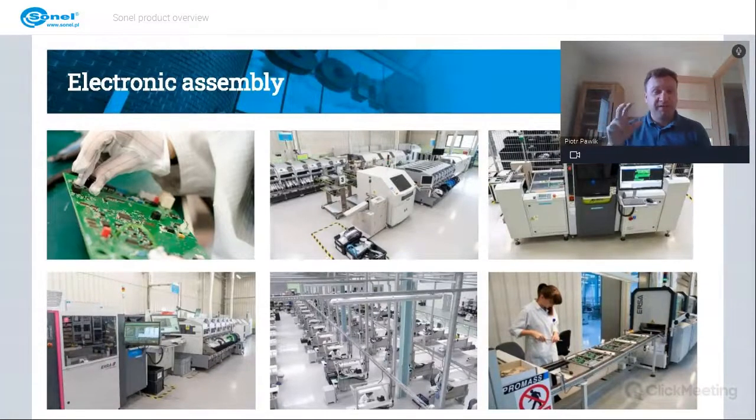So we make the PCBs for these welding machines. We assemble them. Now, if you came across any customer that might be interested in having their electronics assembled, then just contact us, and I bet you will have some profit out of it as well.